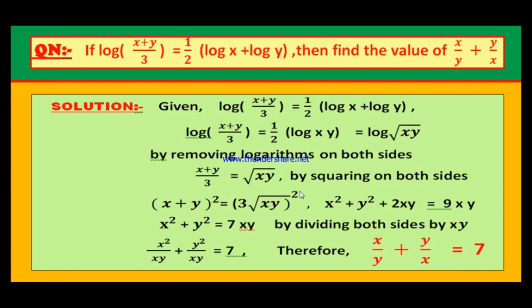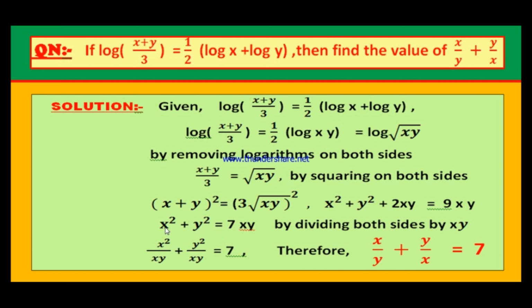That is (a plus b) whole square is a square plus b square plus 2ab, so x square plus y square plus 2xy is equal to 3 square, which is 9, times root xy whole square, which is xy. Take this plus 2xy to the other side, then x square plus y square is equal to 9xy minus 2xy. 9 minus 2 is 7xy. Now let us divide this equation by xy.